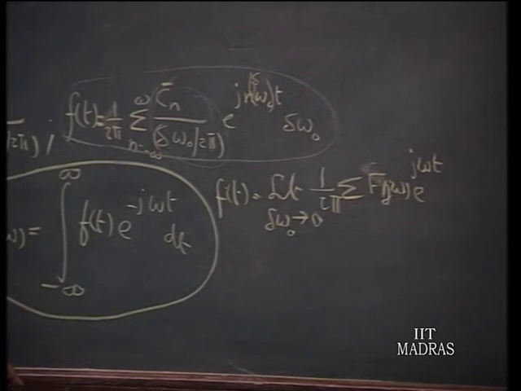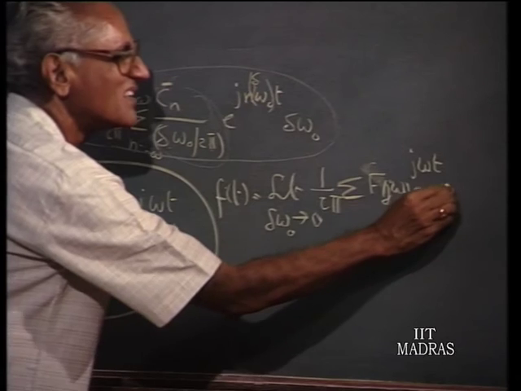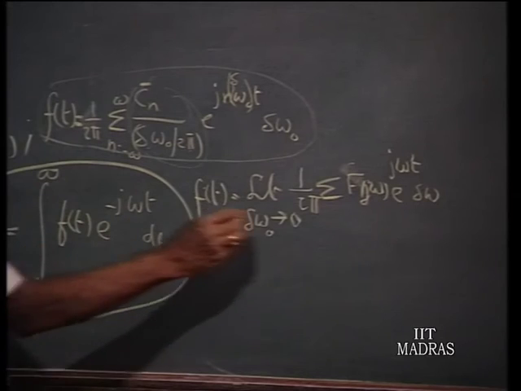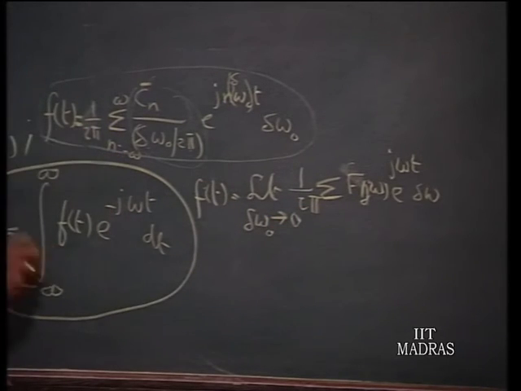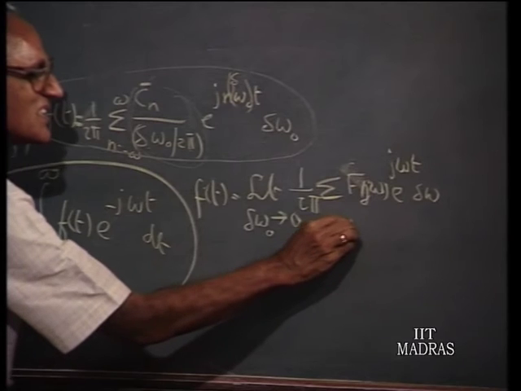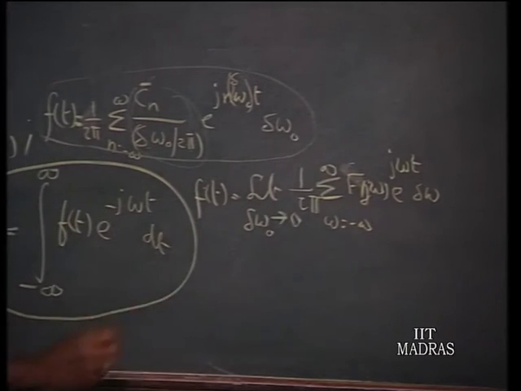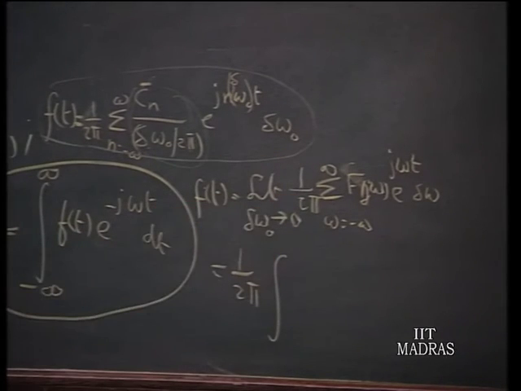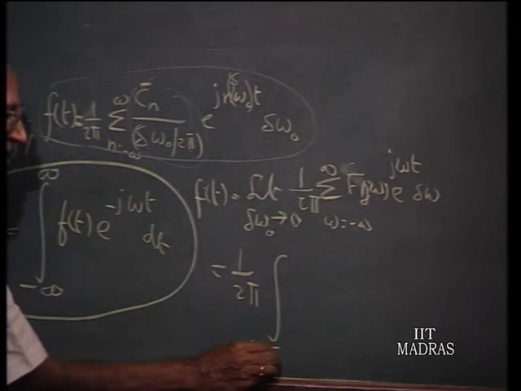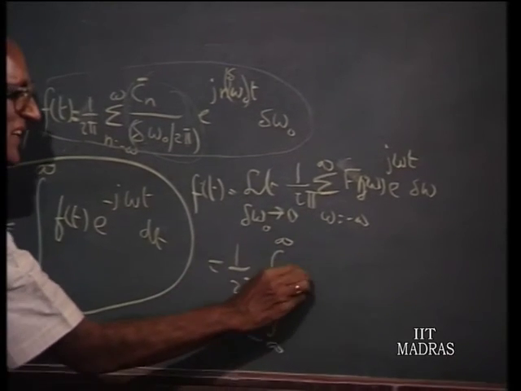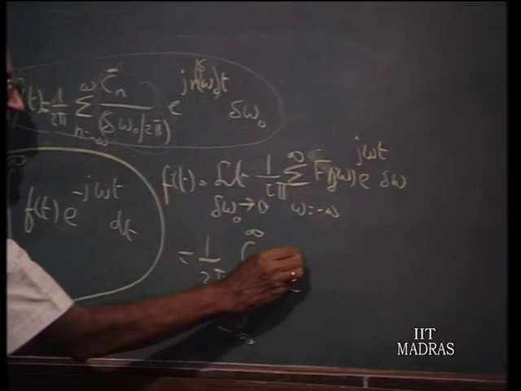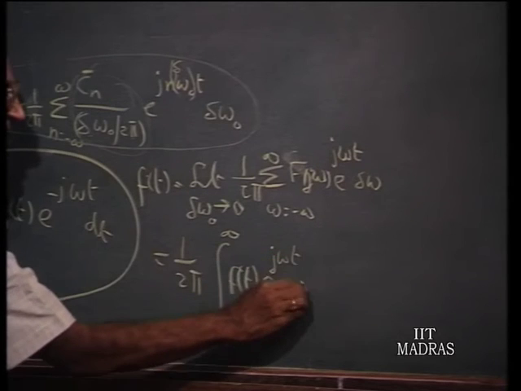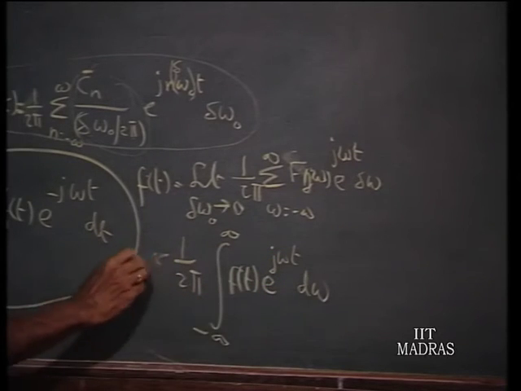N delta omega naught becomes omega, and then this is delta omega. And the frequency omega, because n from minus infinity to plus infinity, that means omega is minus infinity to plus infinity. So, that really becomes 1 over 2 pi. So, that summation in the limit becomes integration from minus infinity to plus infinity on omega of F of j omega e to the power of j omega t d omega. This is f of t.